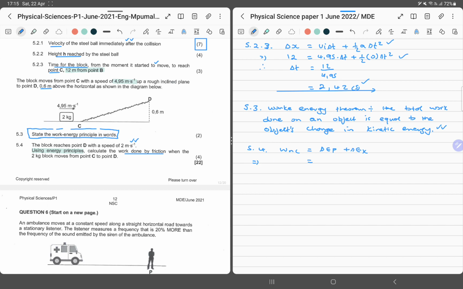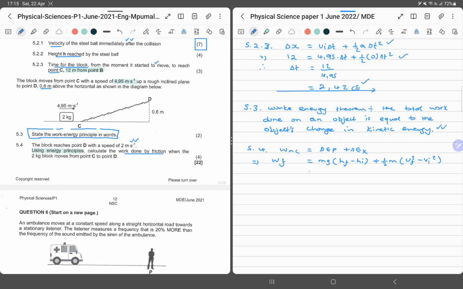Therefore, work done by friction here is going to be equal to mg times the final height minus initial height, plus half m times final velocity squared minus initial velocity squared.